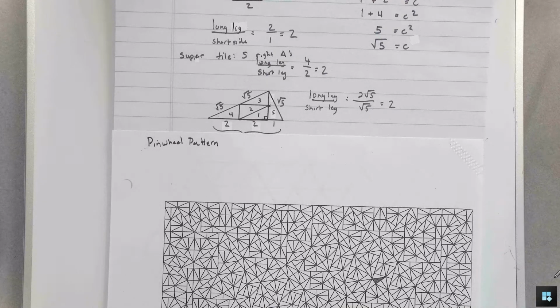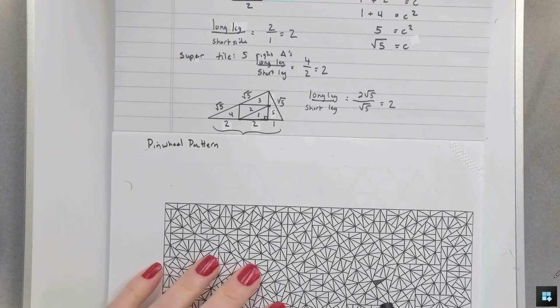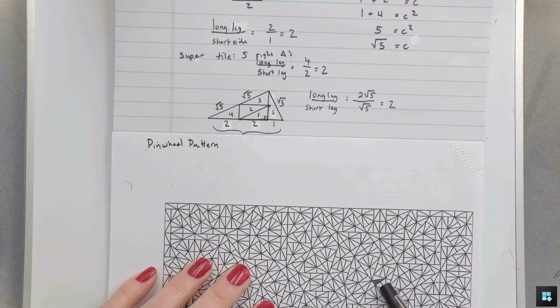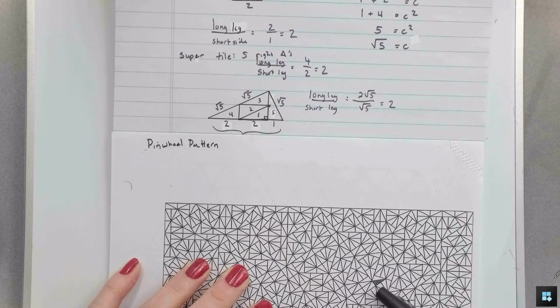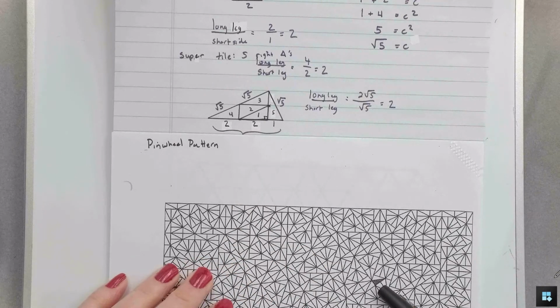So looking at this, we want to see where it fits in relation to these triangles. So looking at this highlighted one, is this the front of it, this triangle right here?